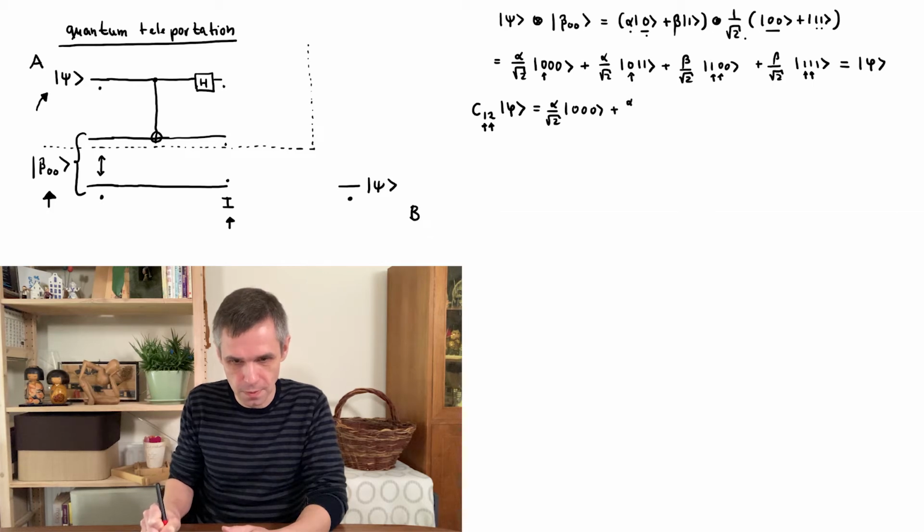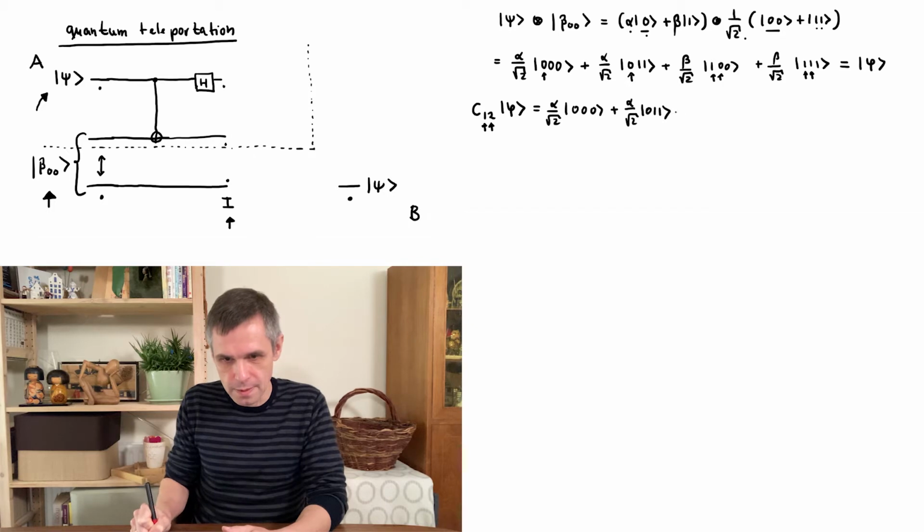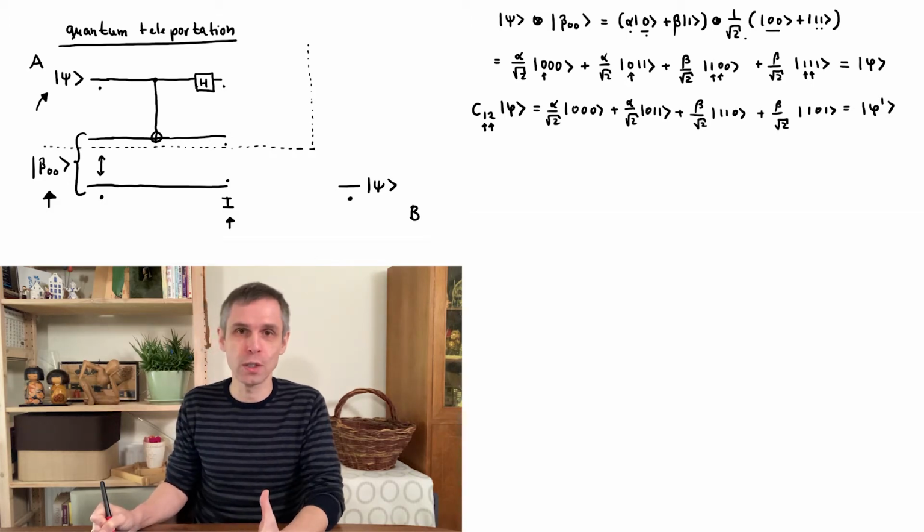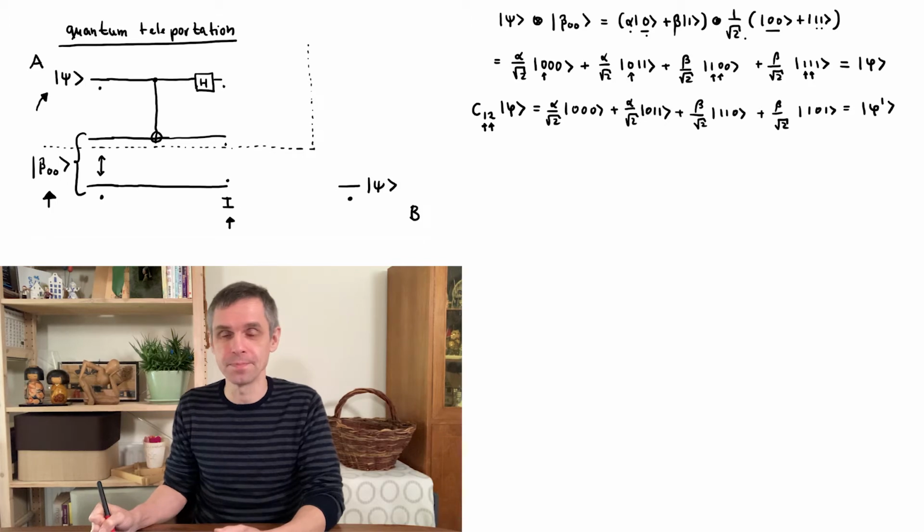So we can just copy these down. But in the second and third component, the second quantum bit changes its state from 0 to 1 or 1 to 0. So this is the state after the controlled NOT operation, and I'm going to denote it as phi prime.